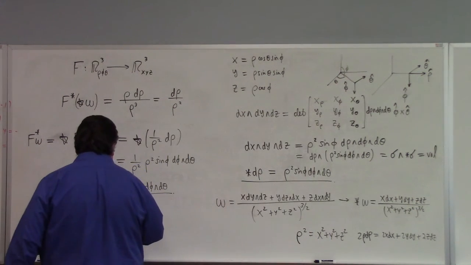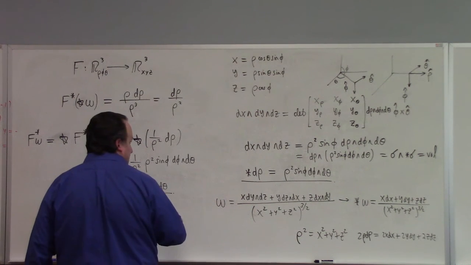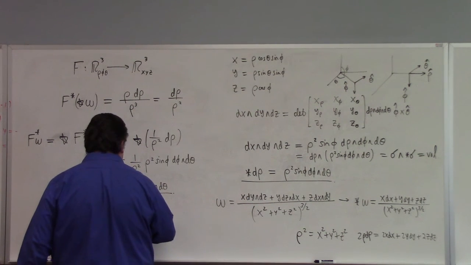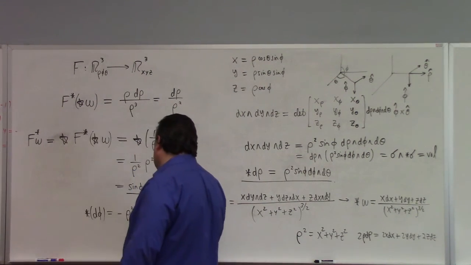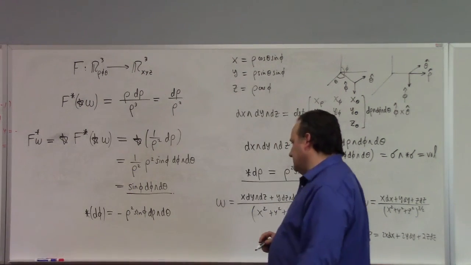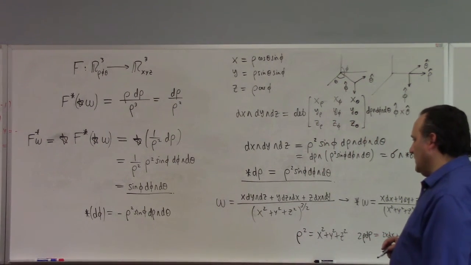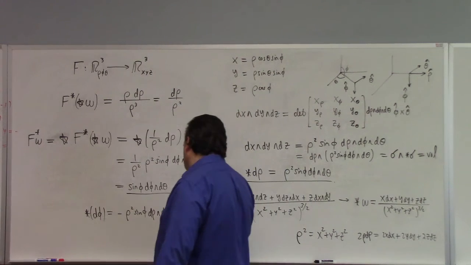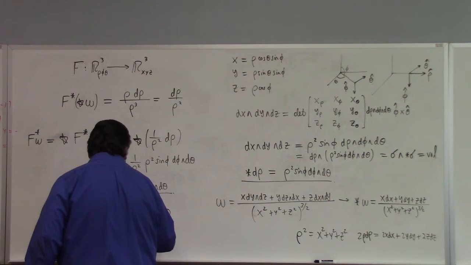So minus rho squared sine phi d rho wedge d theta, yeah. Or you could do just rho squared sine phi d theta wedge d rho, which would make more sense. Or you absorb the sign, so positive rho squared.